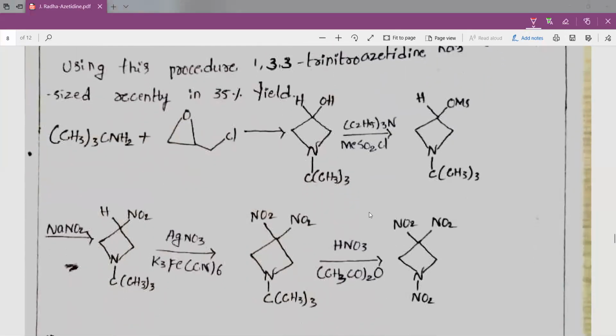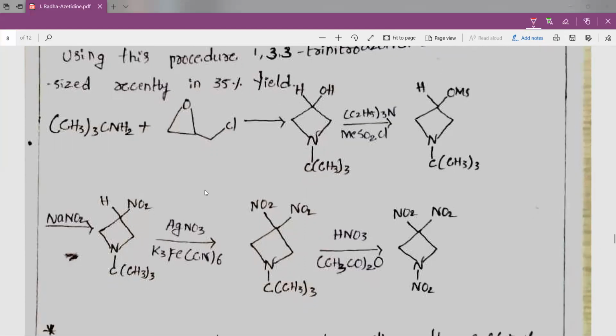This mesylate is then treated with nitrous acid, where the mesyl group is replaced by NO2. It is treated with silver nitrate, where it undergoes nitration, and then finally it is treated with nitric acid to form a trinitro derivative of the azetidine.